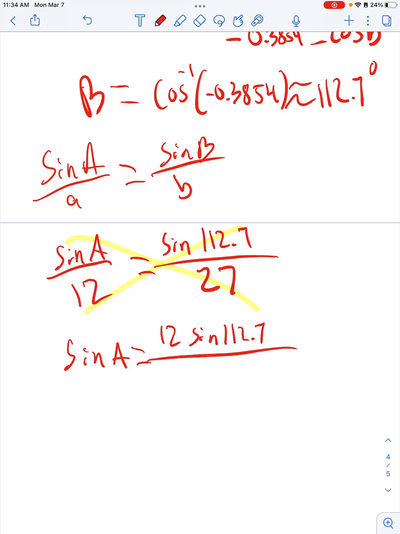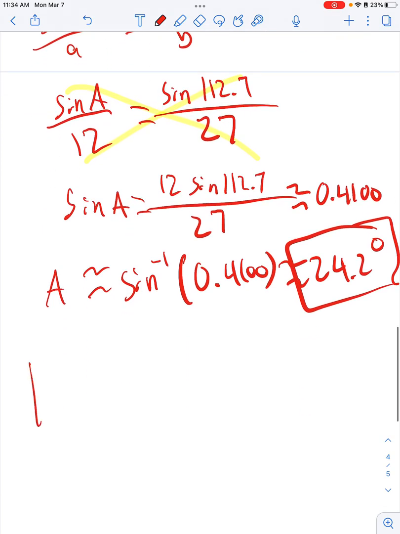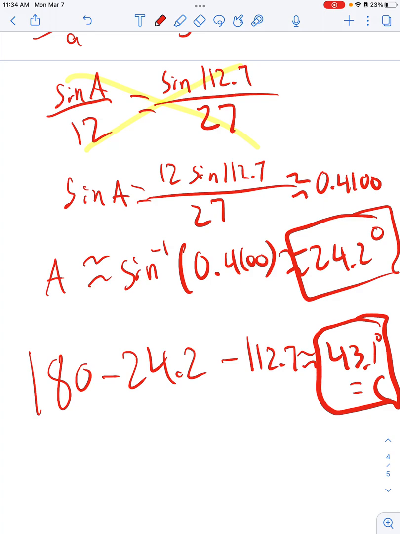It should equal 12 times sine 112.7 divided by 27, which equals about 0.4100. When I use my calculator to find the inverse of sine, I get approximately 24.2 degrees. Again, triangles always have 180 degrees. So if I subtract the two that I know, I should get approximately, for angle C, 43.1 degrees.